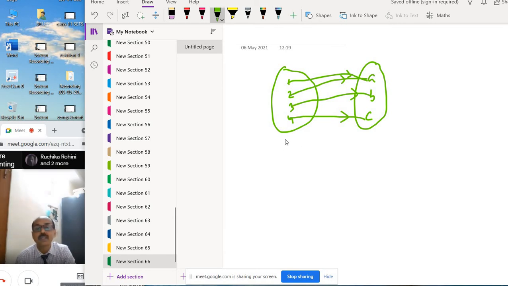This is the first set, the X set, and this is the Y set. So two elements of X set, 1 and 2, have the same image, that is A. So this is many-one. This is a many-one function.